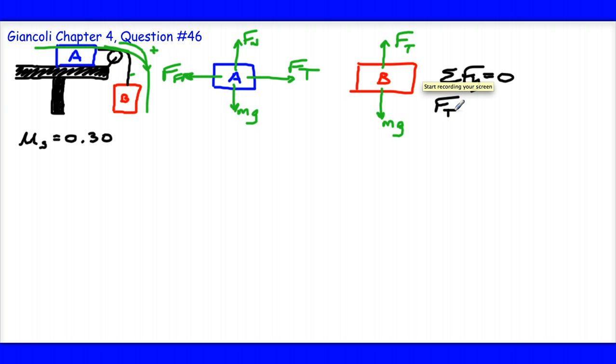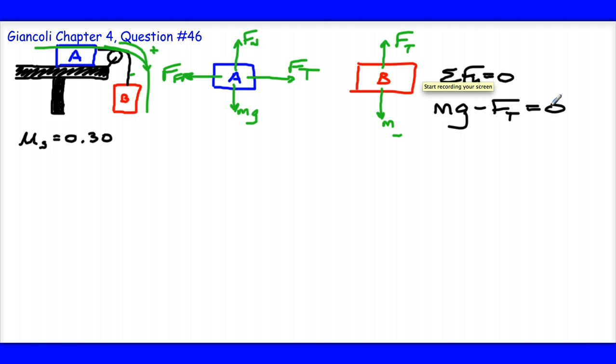Negative Ft equals positive mg, or better, mg minus Ft is equal to 0.